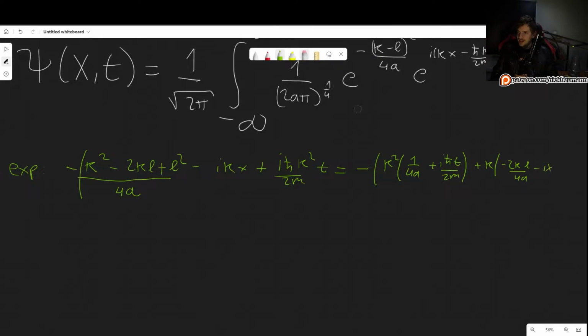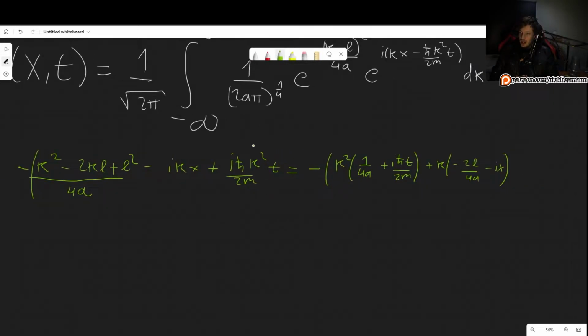Oh, sorry, I included this twice, so only 2L, of course, and ix. Okay. And then we have yet another group, which are these things that don't have k, the constants. So that would be plus the constant, L squared over 4a. So that is our exponent.